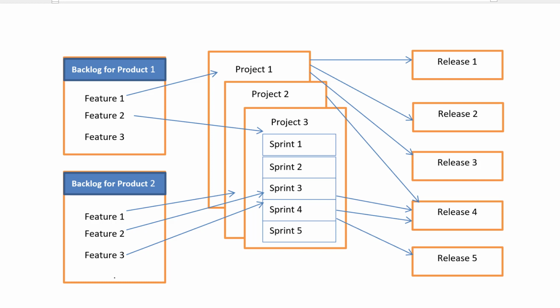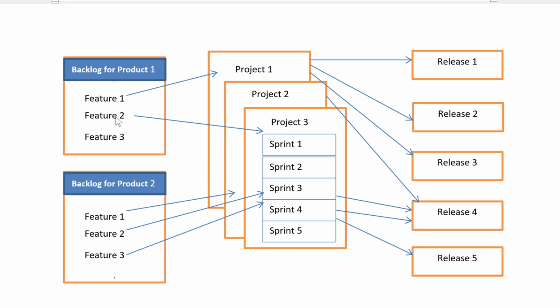For example, here, project one is implementing or working on feature one from the product backlog for product one, and then this project is going to deliver features to release one, and some features are going to go to release two, and so on.